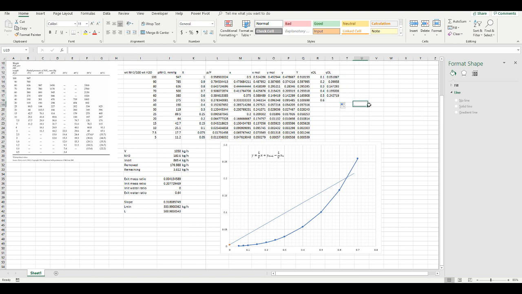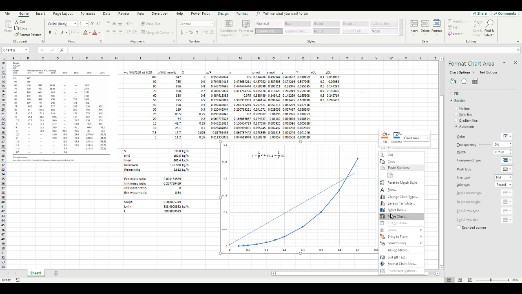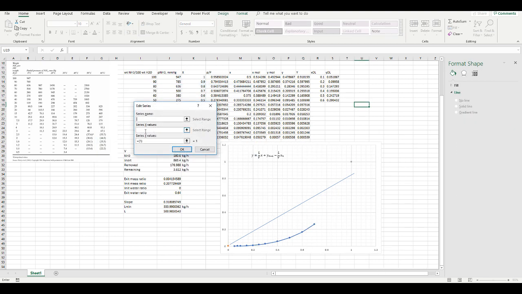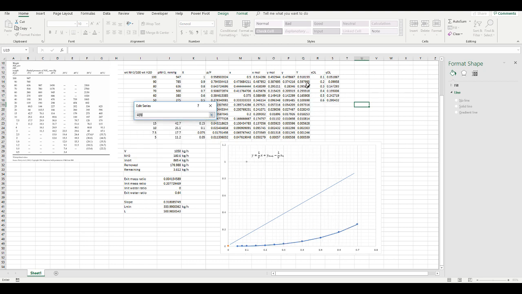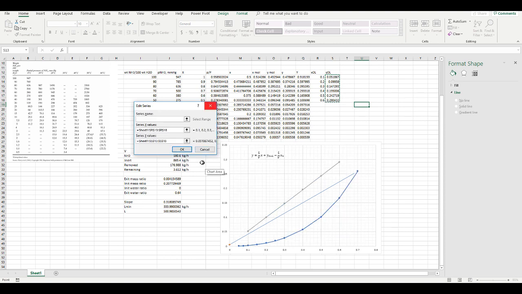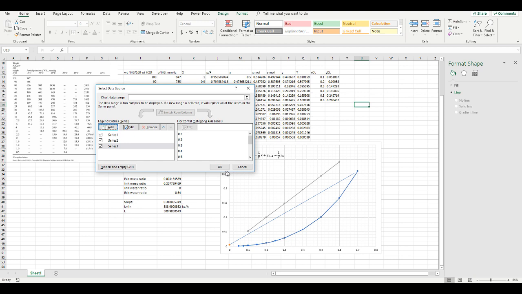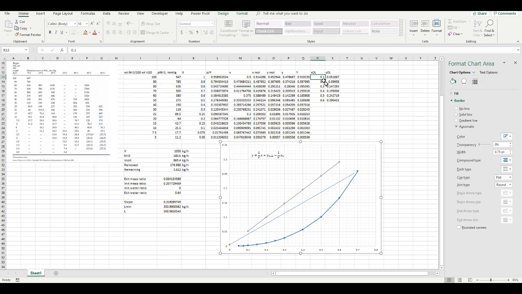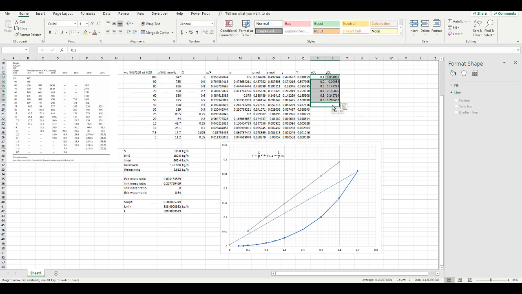And then we get our value. So let's just add this series. And there we go. We have our operating line, and actually let's make it connect to the origin.